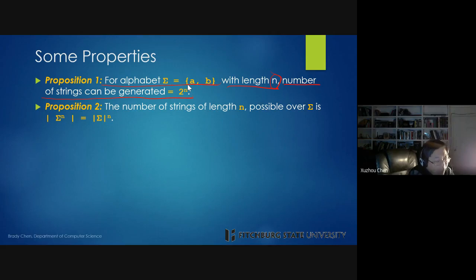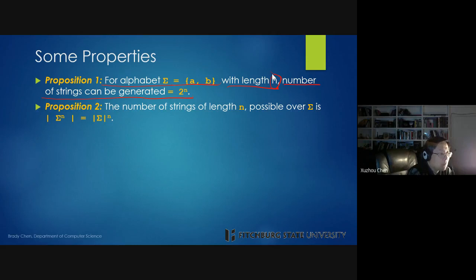We have seen this, right? For alphabet sigma equals AB with length 2, we generated four strings. With length 3, we listed all the strings, and the number is 8, right?